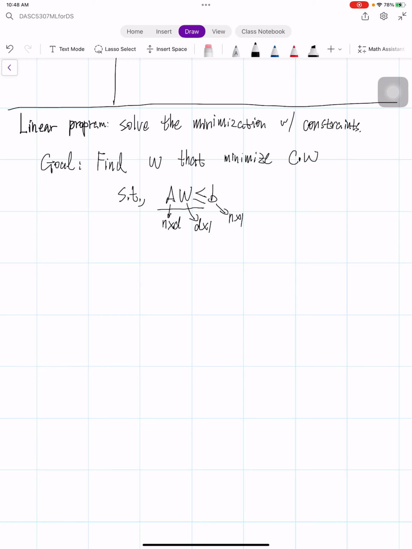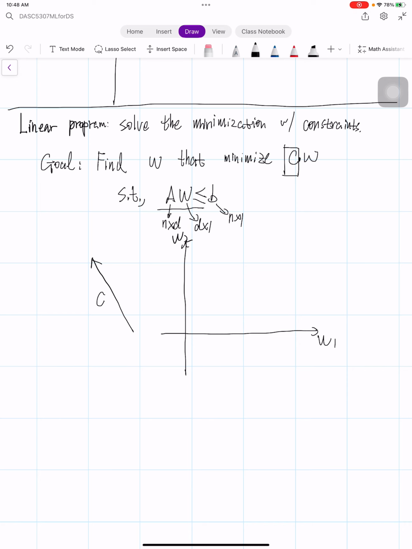What does this mean? I'll give you some geometric interpretation here. This C represents a vector in the W plane, right? So if we have W1, W2, this means a direction in the W1, W2 space.